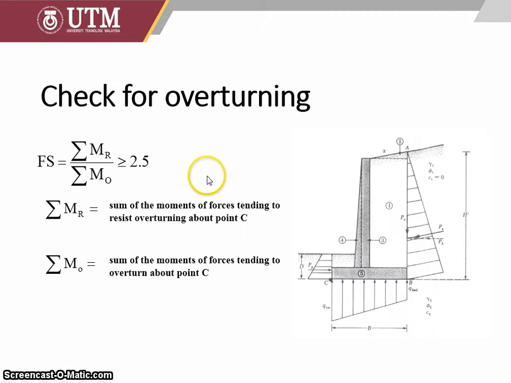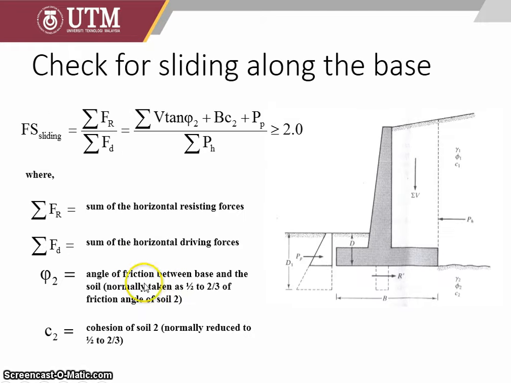So these are some of the guidelines to check for overturning. We know the moment of resistance and the moment of overturning, and we know the horizontal sliding forces that resist and that drive the force. So we can calculate as long as we understand how to get the active and passive pressure.